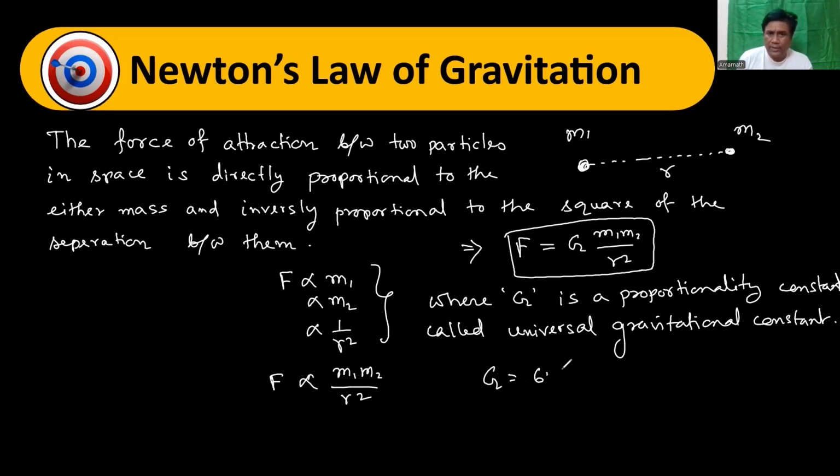You can learn it: 6.6 into 10 to the power minus 11, and the SI unit will be Newton meter square per kg square. Please try to know the value of the universal gravitational constant as well as its unit.